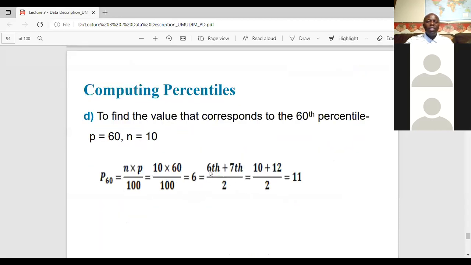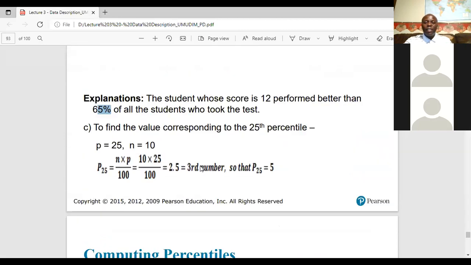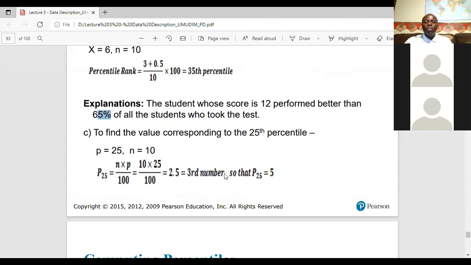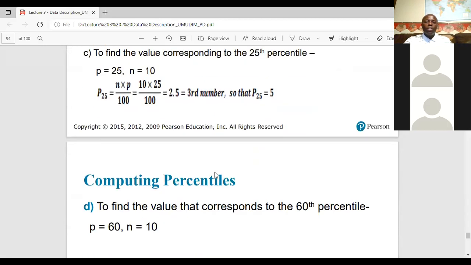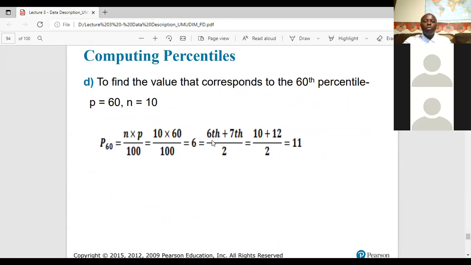That is going to be the 6th number, and you go one more step: the 6th and the 7th number divided by 2. Let's say that your answer here is 5, then you do the 5th plus the 6th number divided by 2. So long as there's no decimal. But if there's a decimal, like here, just go to the next number, which is the 3rd number, and count it out. But here, there's no decimal, so you do the 6th number plus the 7th number divided by 2.